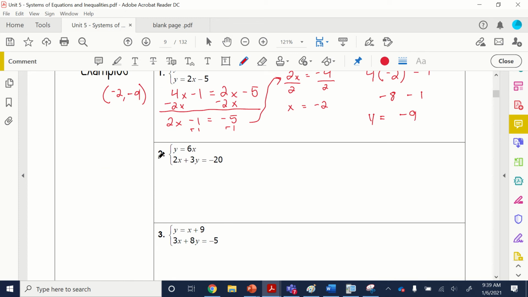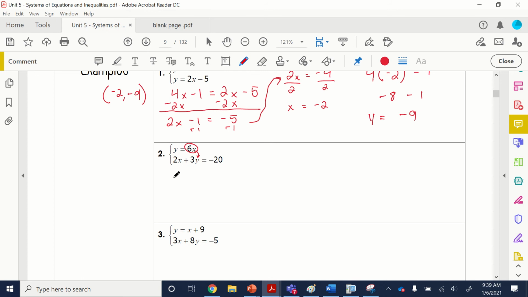Okay? Now to do the substitution method, we don't even have to change this to a standard form equation, because if y equals 6x, anywhere we see y, I can just simply put 6x. I can substitute 6x in for y.